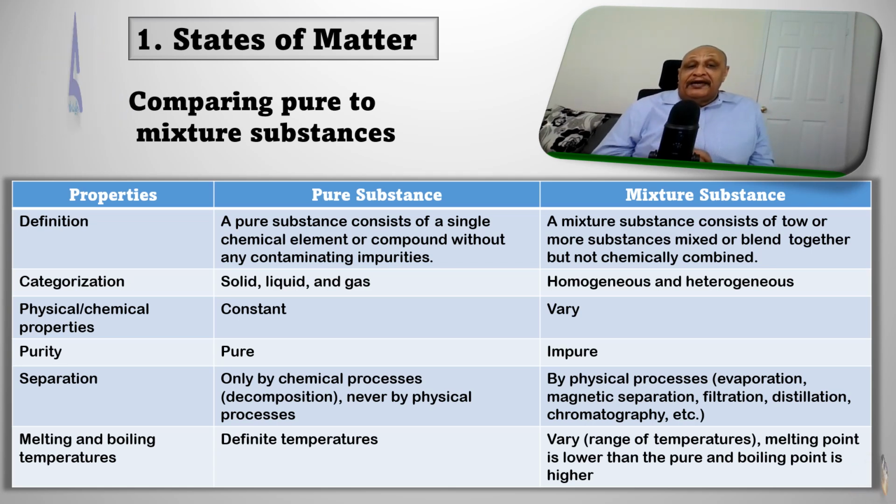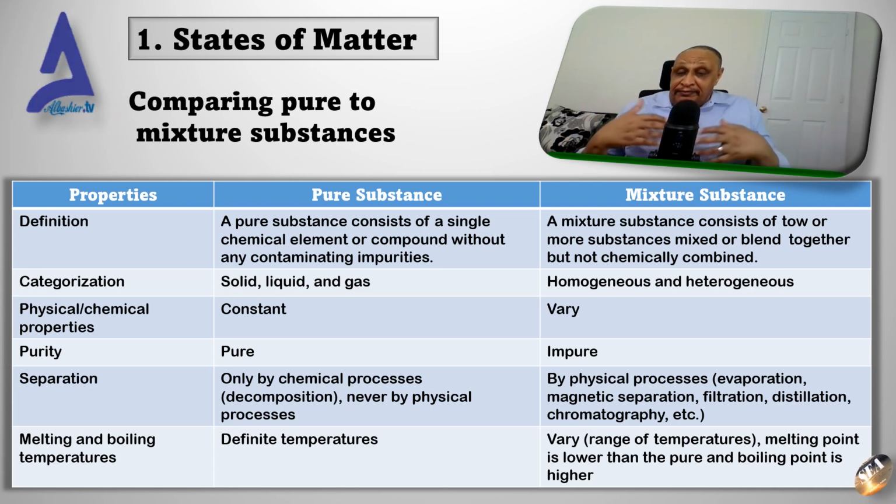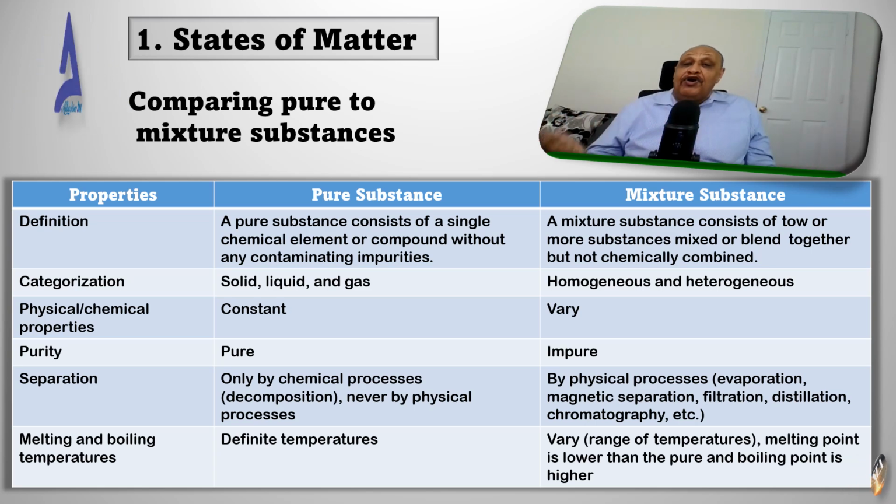Physical and chemical properties. They are very constant in the case of pure substances, but they vary in their characters between mixtures, and also they vary even within the mixture itself.